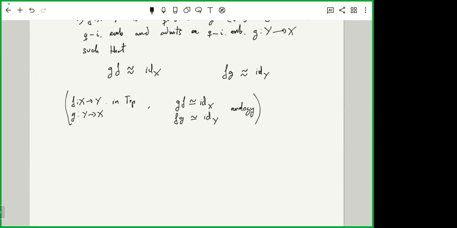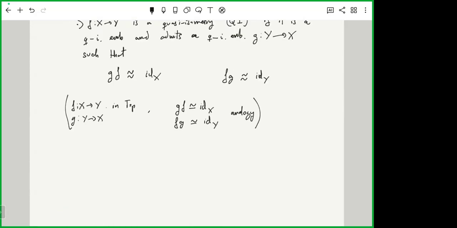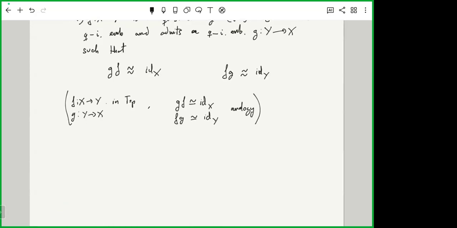Again, with spaces, we would say that two spaces are homotopy equivalent if there is a homotopy equivalence between them.